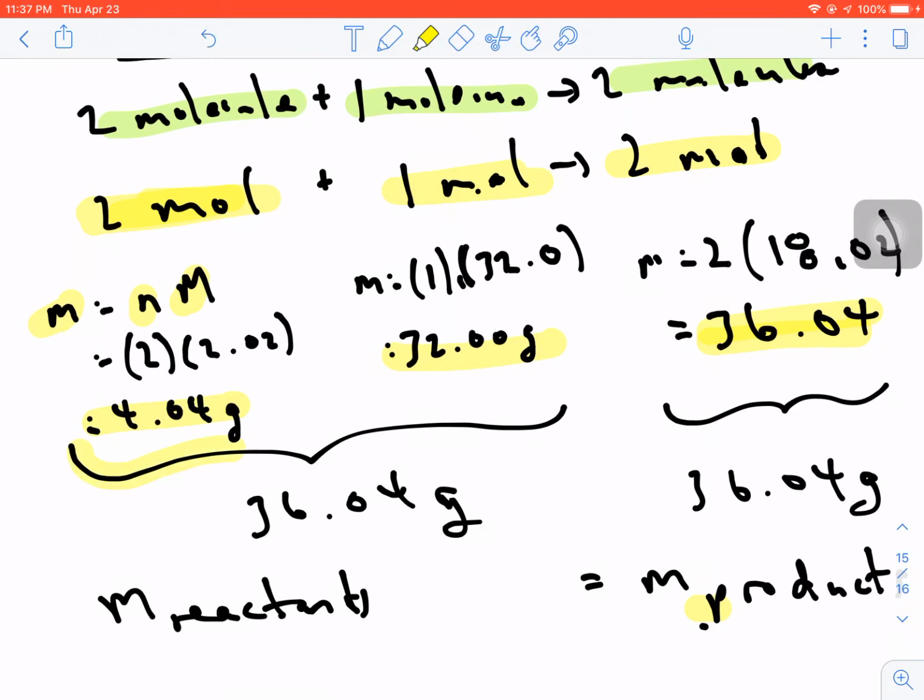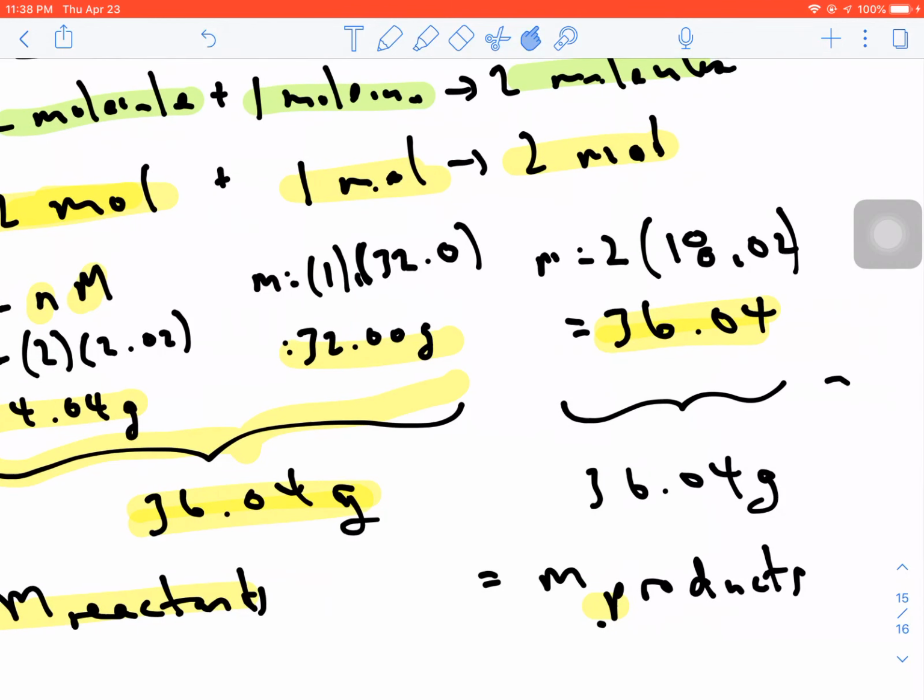If I have all of this reactant here, 4 plus 32, which is 36.04 grams of reactants, then I will get 36.04 grams of products. I know that the masses of the reactants are equal to the masses of the products. Okay, so there's question 7 from the homework last night.